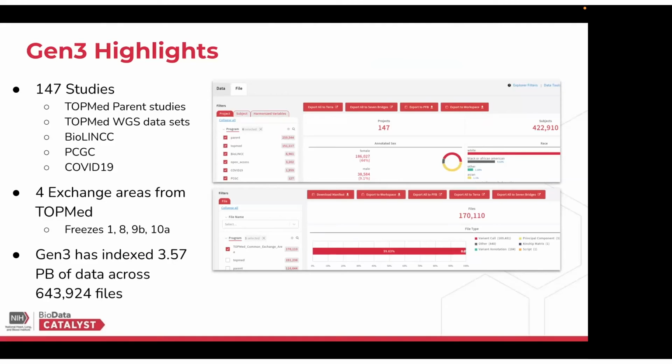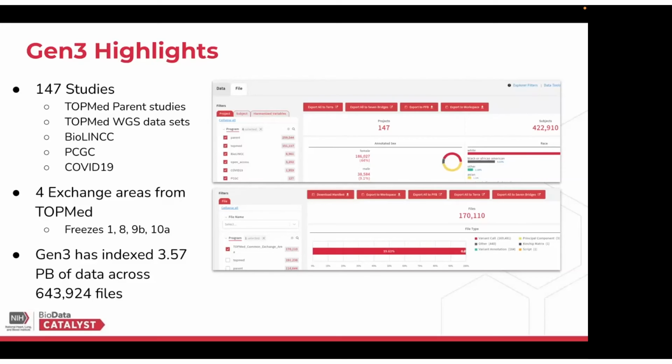All right. So for Gen3, we've been very busily ingesting lots of new data sets. When a user logs in with their NIH credentials, they'll see access to the studies they have available to them. There should be 147 projects that range from TOPMed studies and whole genome data sets to other studies such as COVID-19 data sets and these BioLINCC data sets that we've been bringing in recently.